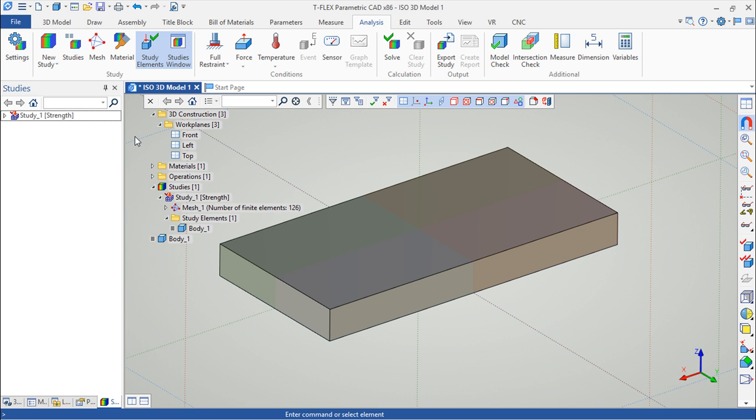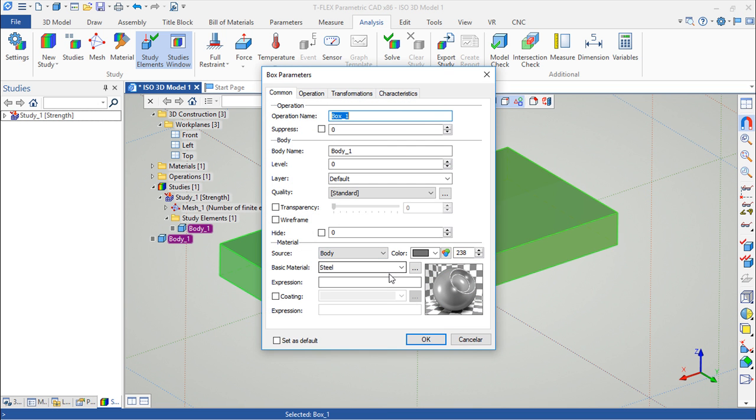We have also another type of anisotropic structure that we mentioned as being the transversely isotropic materials. And the place where we can define this is in the same place.